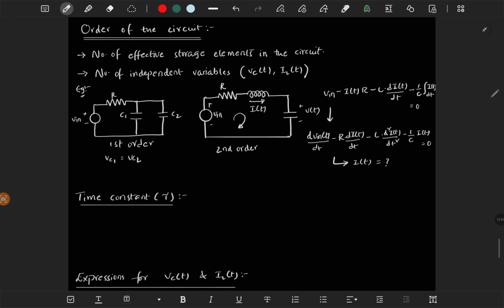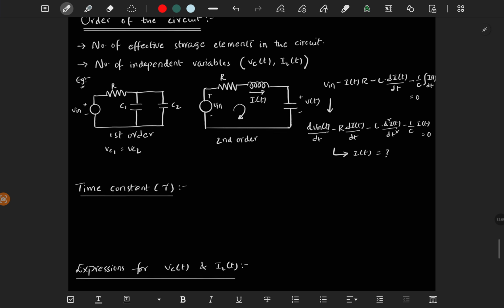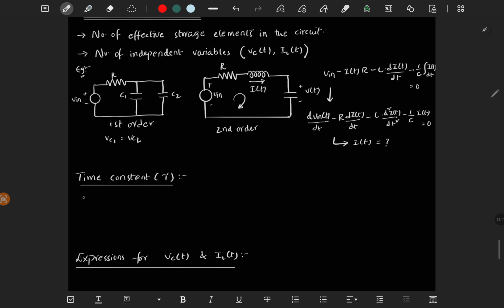And we have discussed the time constant. We have seen the time constant for a series RC circuit is R times C, and we generalize this time constant for any first order circuit. This is only for first order circuits.